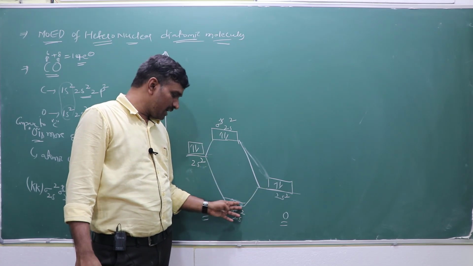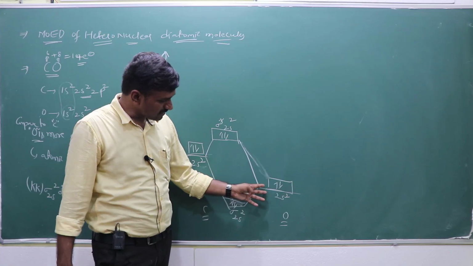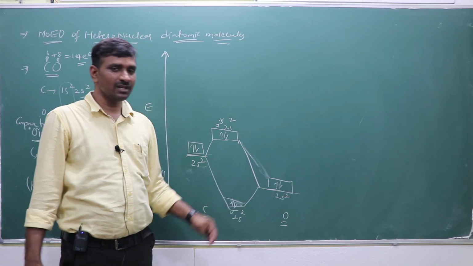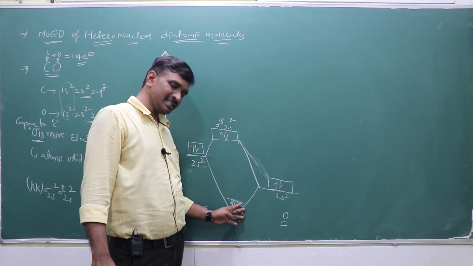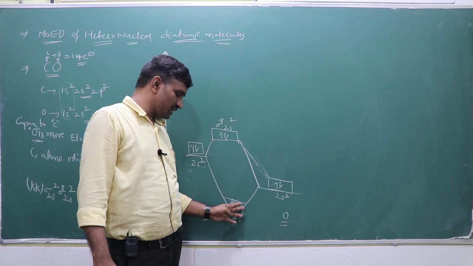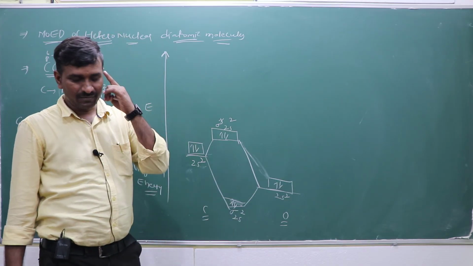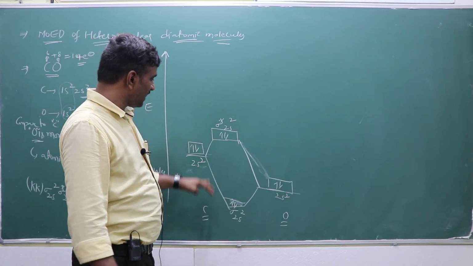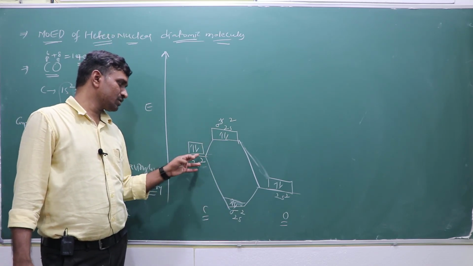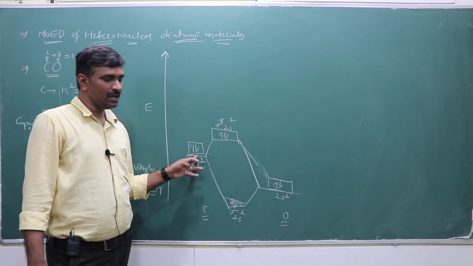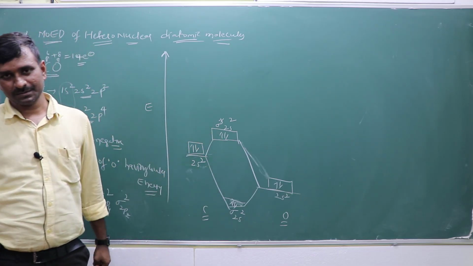That's why the bonding molecular orbitals also possess more of the characteristics of the oxygen atomic orbitals, because they are very close to them. And similarly, the anti-bonding molecular orbitals are closer to which one? The carbon atom. Anti-bonding molecular orbitals are closer to the carbon atomic orbitals, and these can possess similar characteristics to carbon.